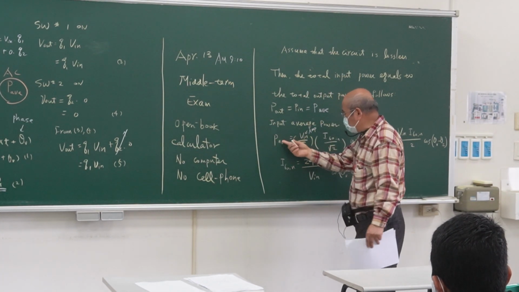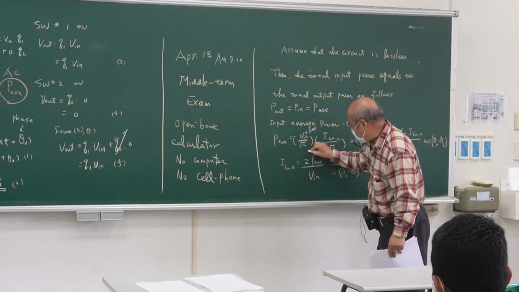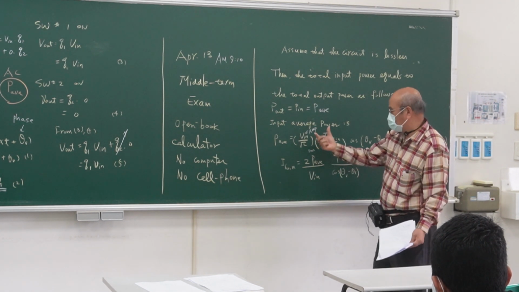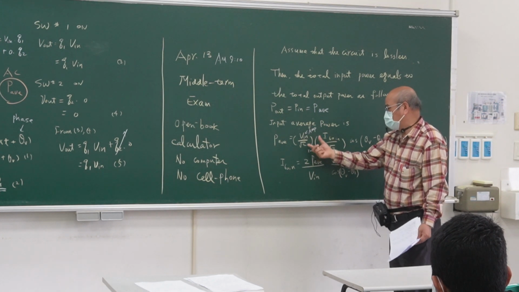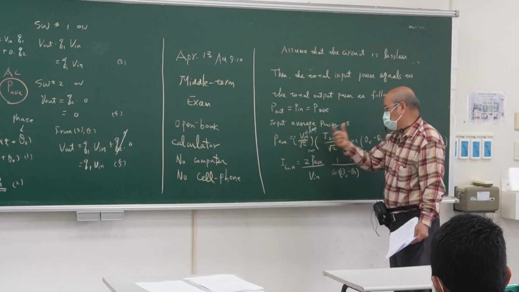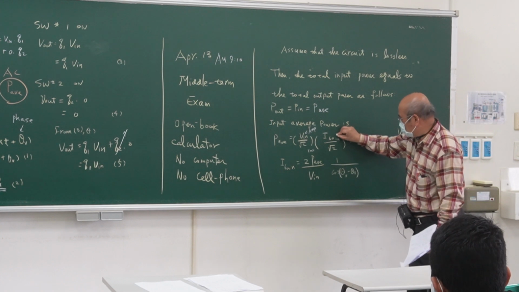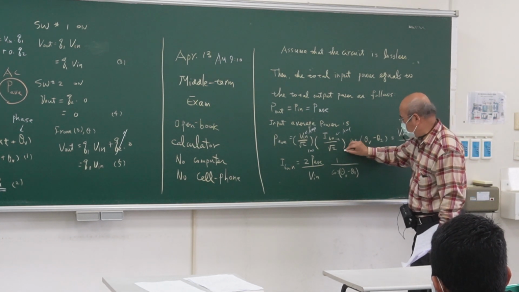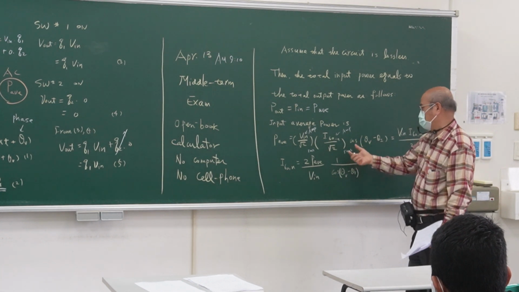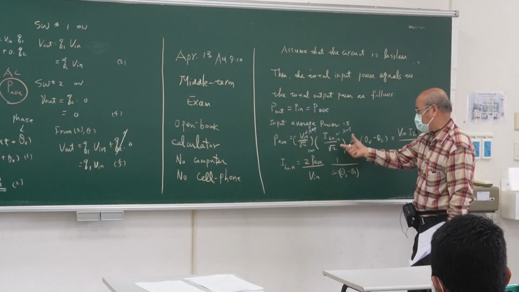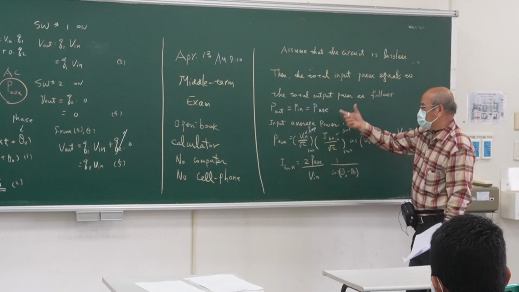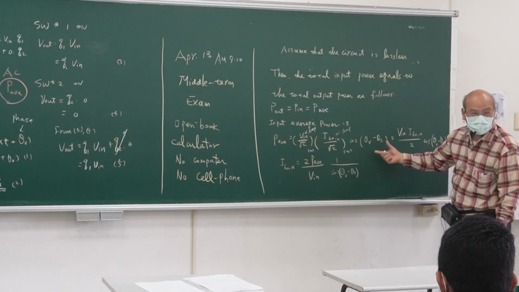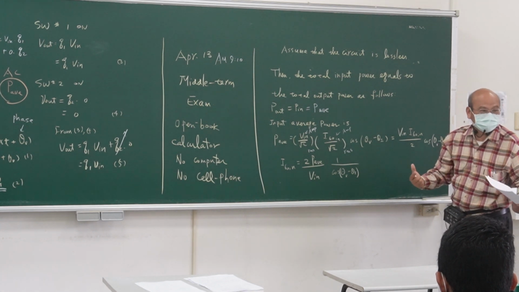If you calculate power, this should be RMS, root mean square voltage, so it is amplitude divided by square root 2. This is current amplitude, so the current RMS should be amplitude divided by square root 2. So V I cosine theta V minus theta I. This is input power, right?